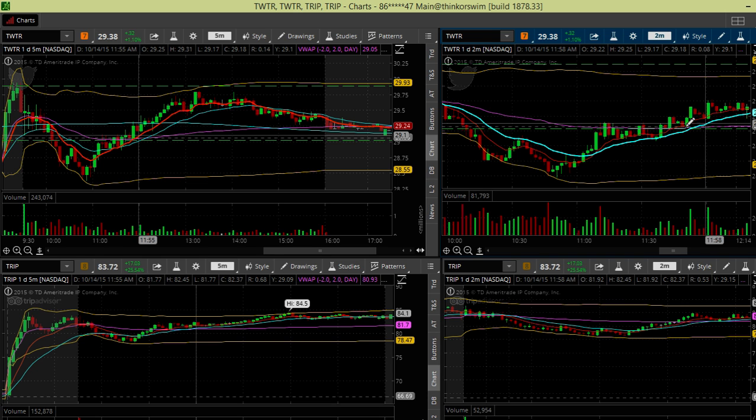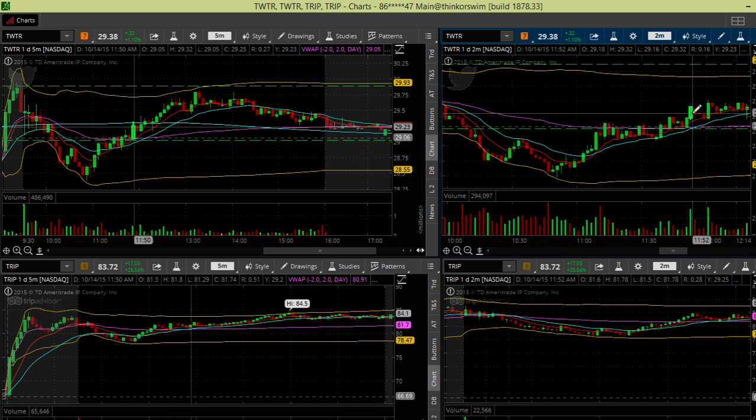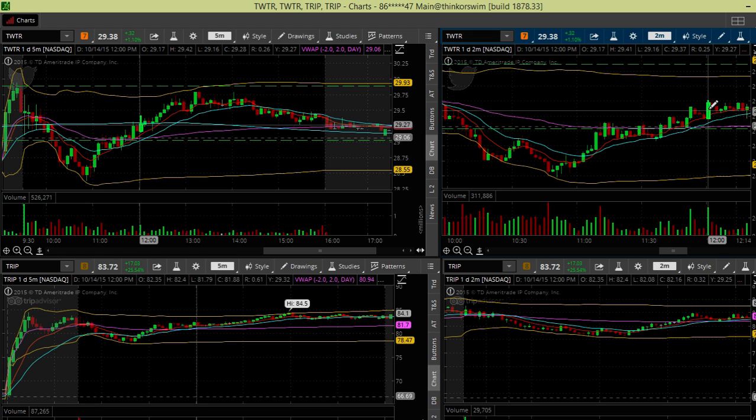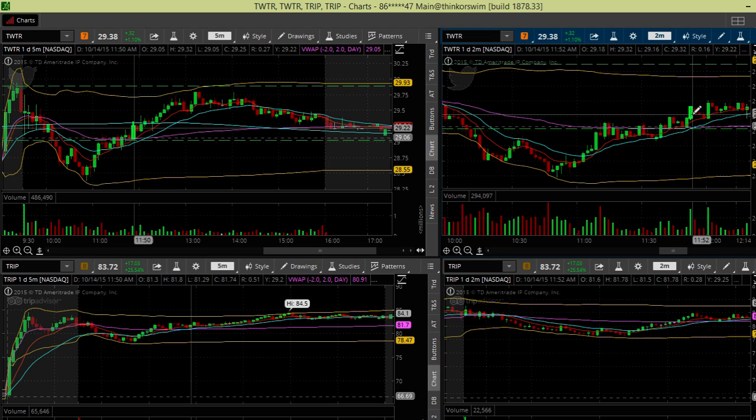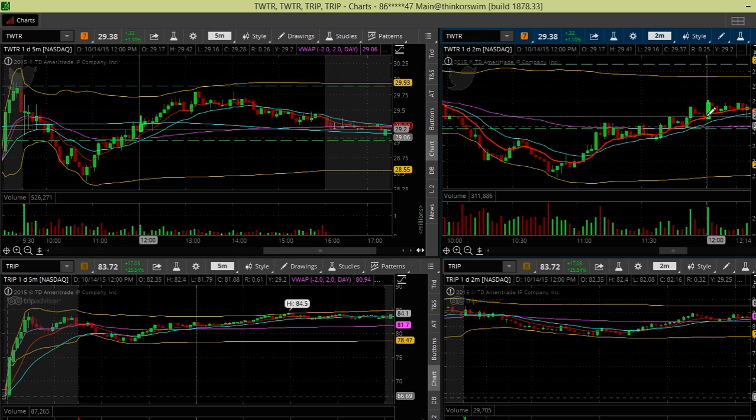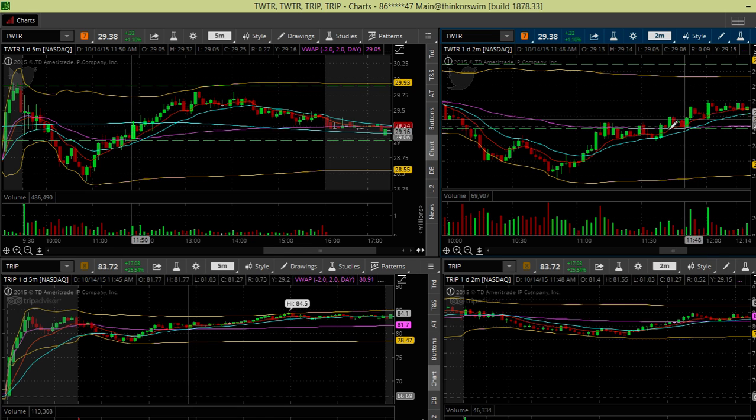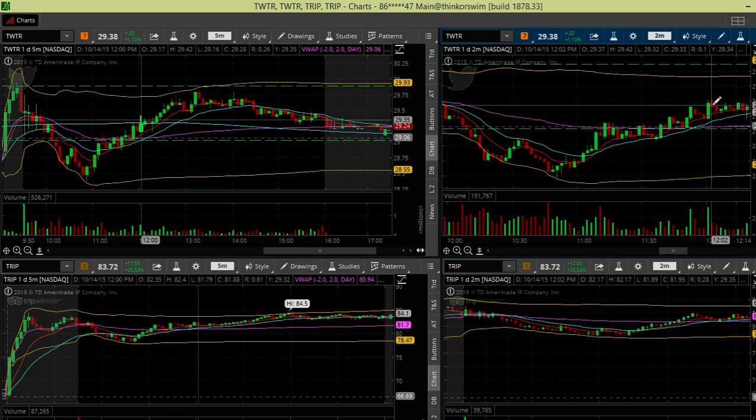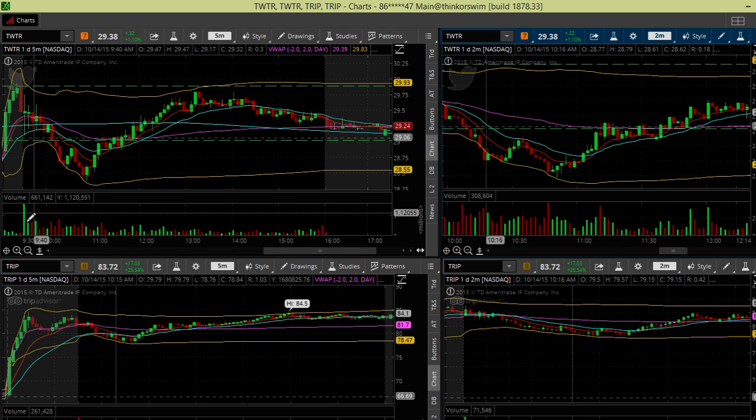And when you have a stock like Twitter where these candles can be 20-cent swings, and you're in 1,000 shares, you can do the math, so you know how big of a swing that is. So it kind of shook me out. I already had a decent trade here, and didn't really want to give much back, so I went ahead and got out. And that was my second trade.